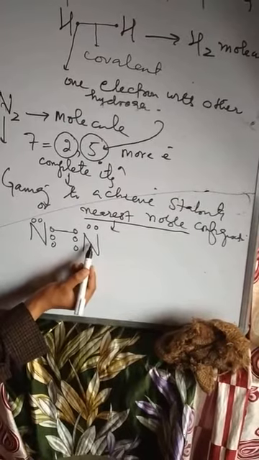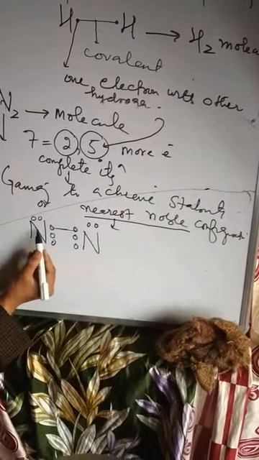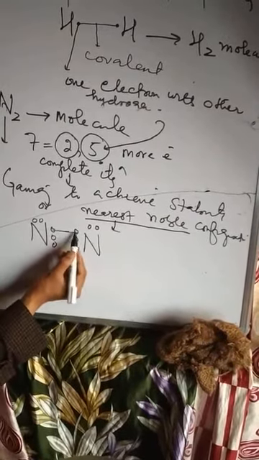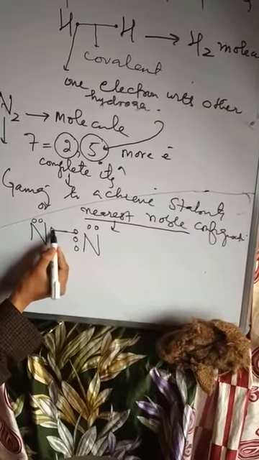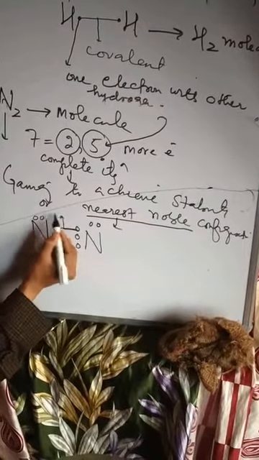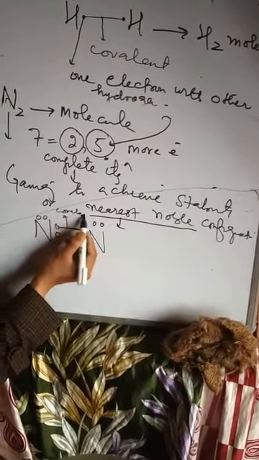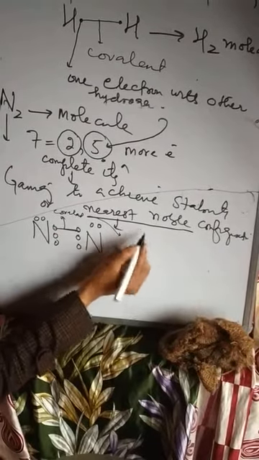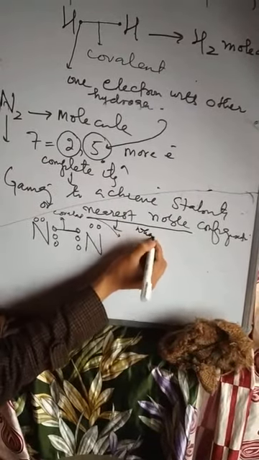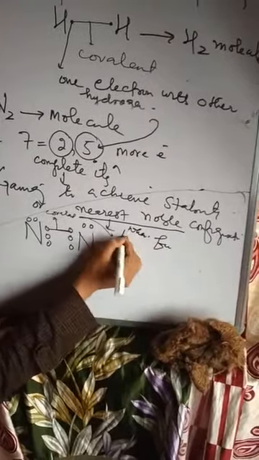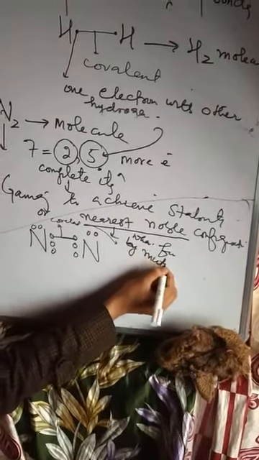This nitrogen provides 1 electron, and this nitrogen provides 1 electron. And the bond formed between the mutual sharing is always covalent in nature. I told you people, covalent bond is actually that bond which is formed by mutual sharing of electrons.